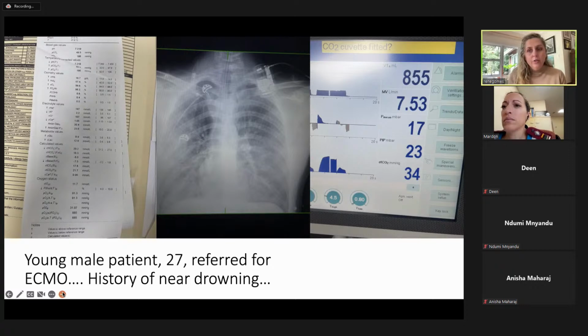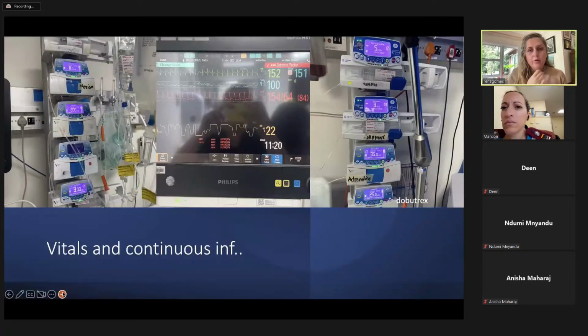Okay. So also when we got him, these were some of the things that we found. He was very tachycardic. He was actually hypertensive. His saturation was okay. I must say he was very unstable. We had higher blood pressures and then sometimes lower, but in this moment, he did have a high blood pressure.